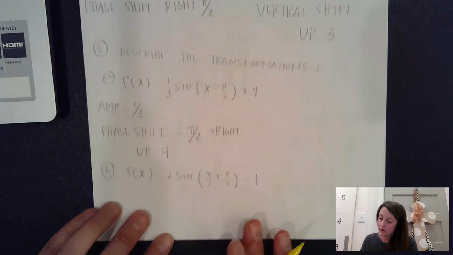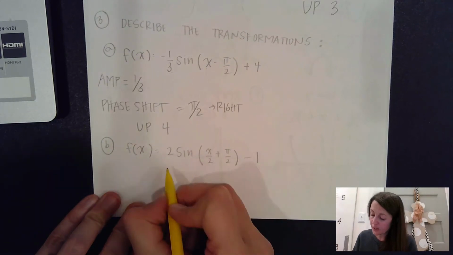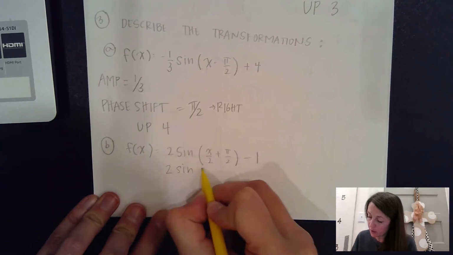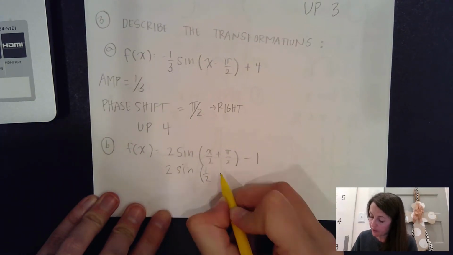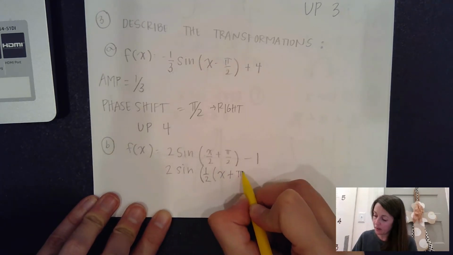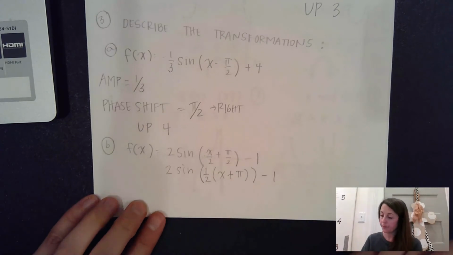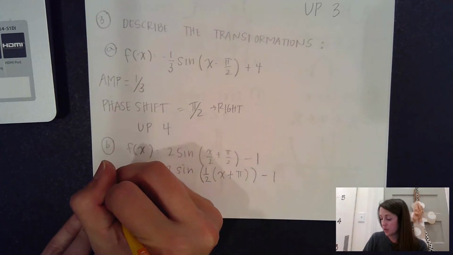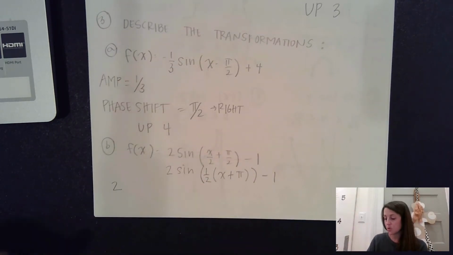Okay. All right, so this transformations, before I just start describing them, I need to factor out that 1/2 there. So it'll be 1/2 times x plus pi, minus 1. So the amplitude is going to be 2, so it's going to stretch it.